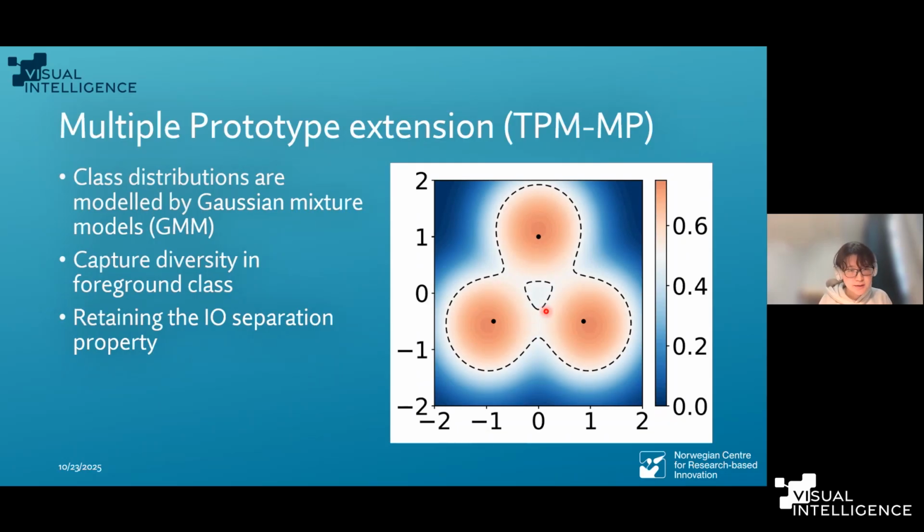And we can also see that even though we have multiple prototypes, you can achieve IO separation, even in the case where the foreground class is quite large. For example, a liver class, the foreground is usually large, and it is hard to represent with only a single prototype. Even in such a case, by using multiple prototypes, we can model the complexity in the foreground class.